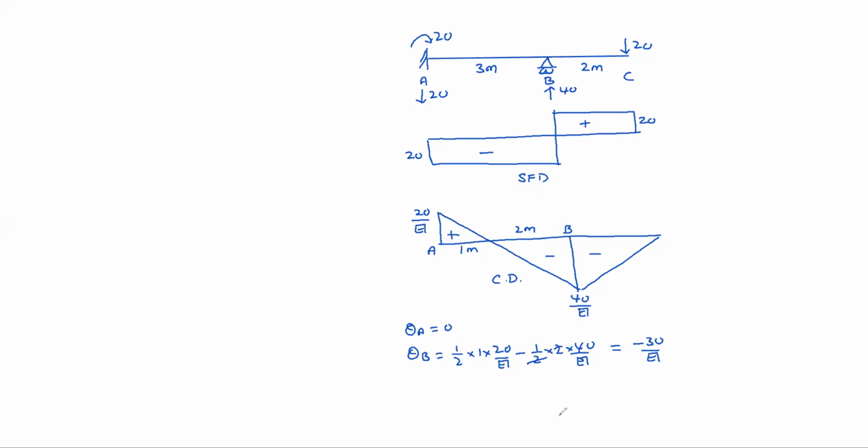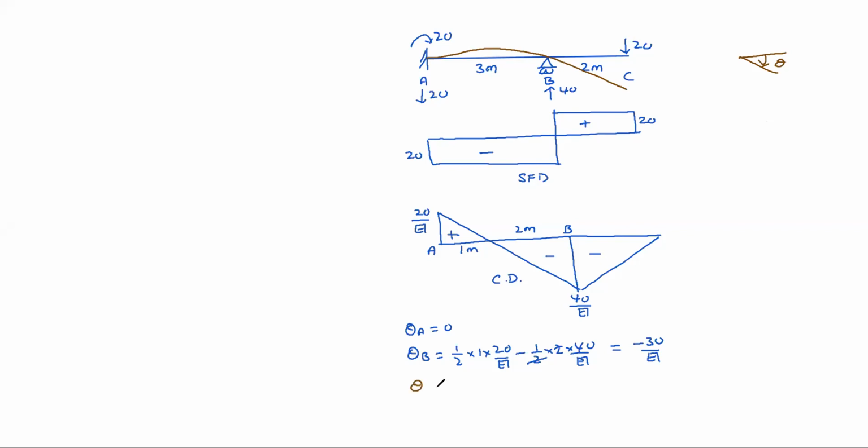Okay. The deflection pattern you can observe like this. The negative indicates the clockwise rotation. The negativity indicates clockwise rotation. So, clear? How do we get theta B?